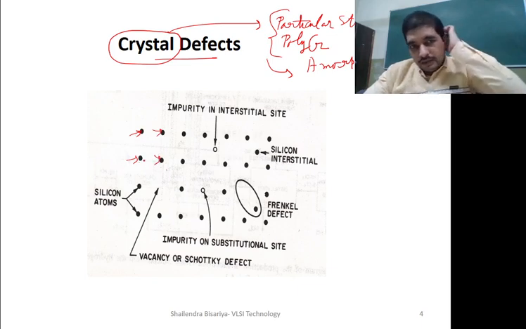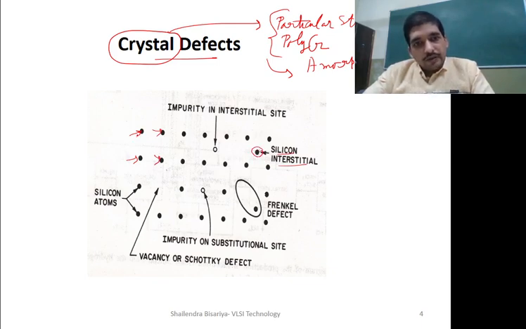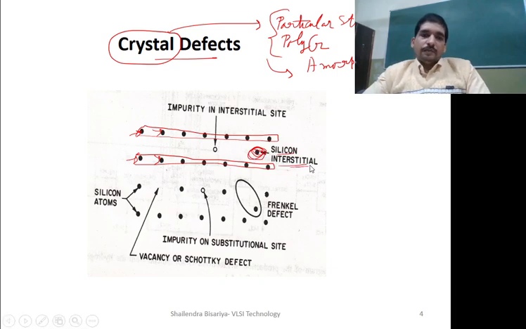See, silicon interstitial is showing you a silicon atom which is not in the particular fixed periodical structure. They are arranged like this, but one atom is arranged somehow in between, so it is known as a silicon interstitial defect.